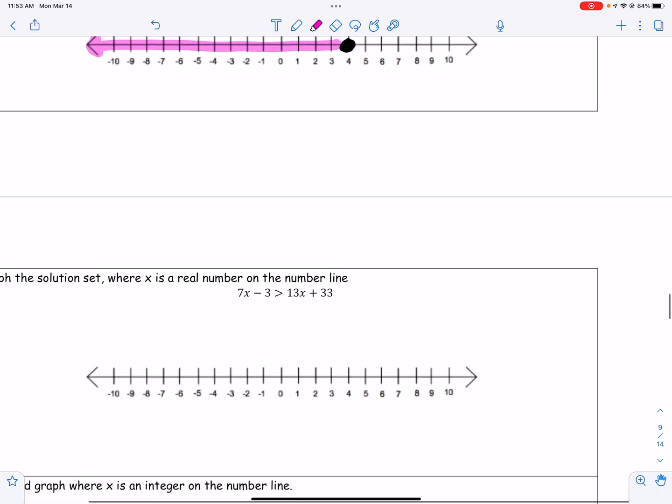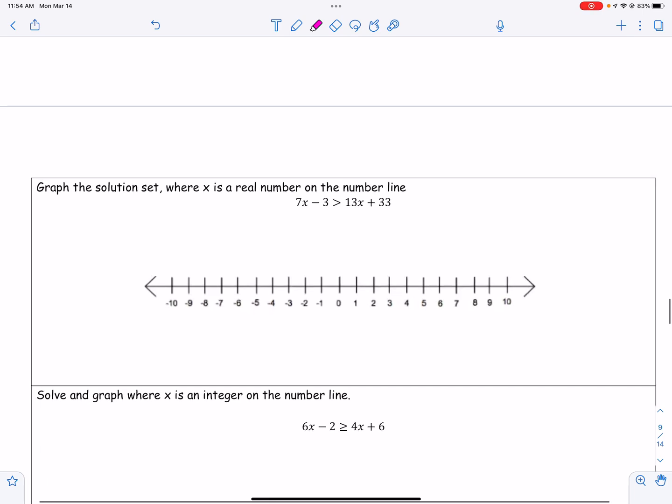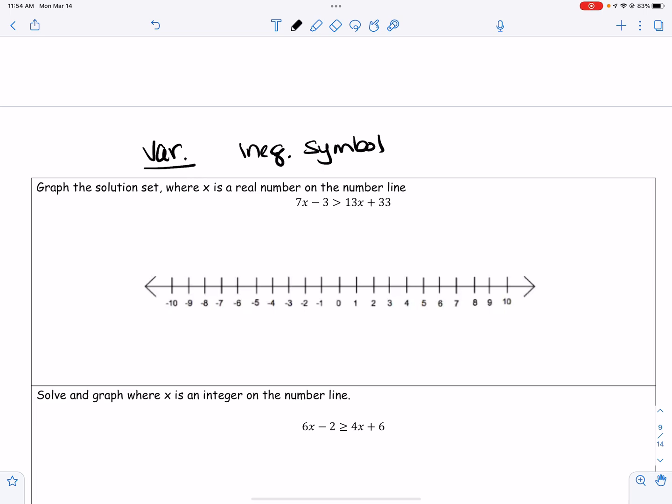Okay? All right, so now we have variables on both sides, and remember the goal is we want variable on the left, inequality symbol in the middle, and then our number on the right. So I'm going to actually move the 13x by subtracting 13x from both sides.